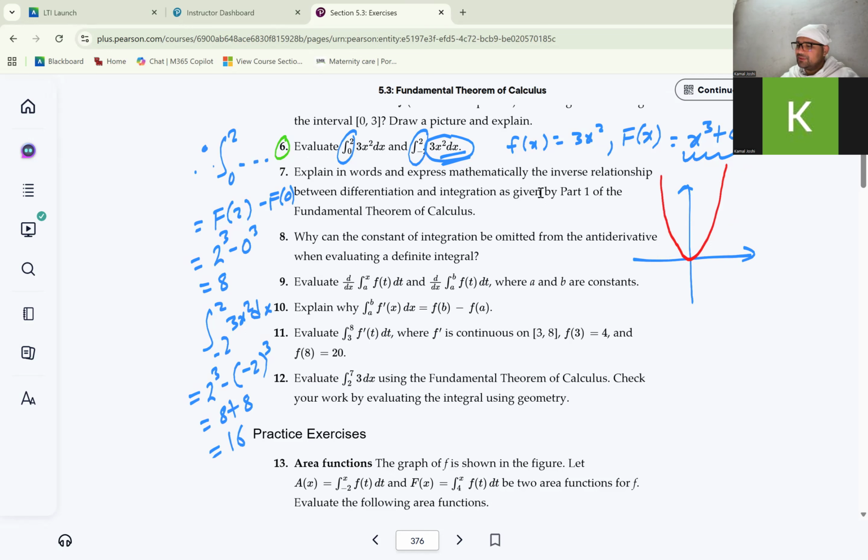If you take the area from 0 to 2, this is the area from 0 to 2. And the area from 0 to minus 2 is the other part. You add them up, you get the total area. They're symmetric, basically. Hence, whatever result we get here makes sense, even graphically.